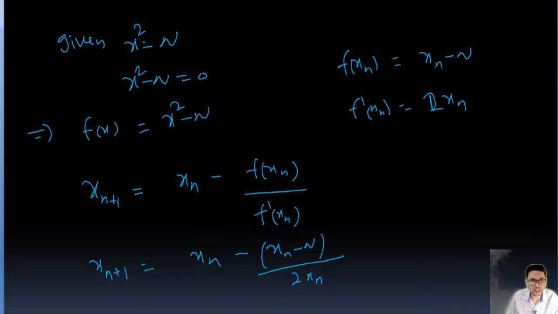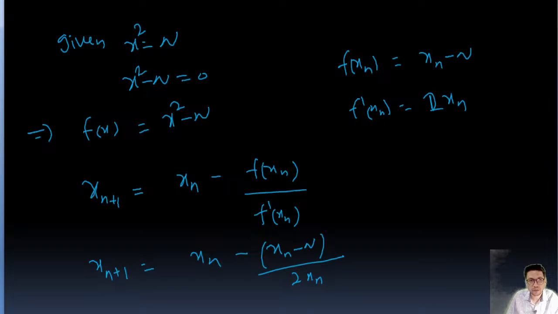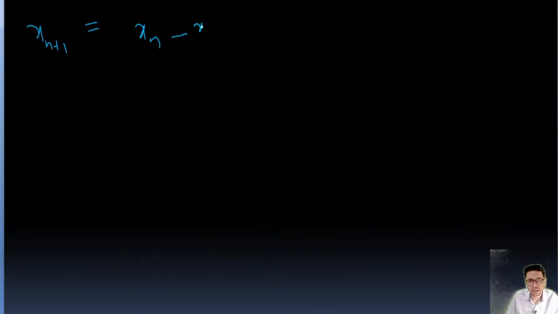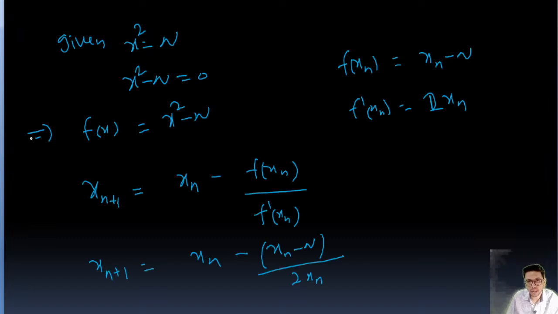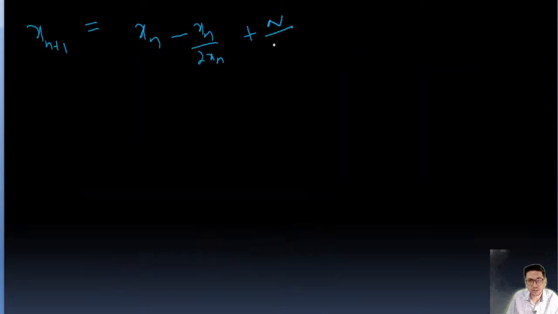So this is going to be x_{n+1} equal to x_n minus this one, x_n squared upon 2x_n, and this is minus minus plus, okay, plus n upon 2x_n, right?